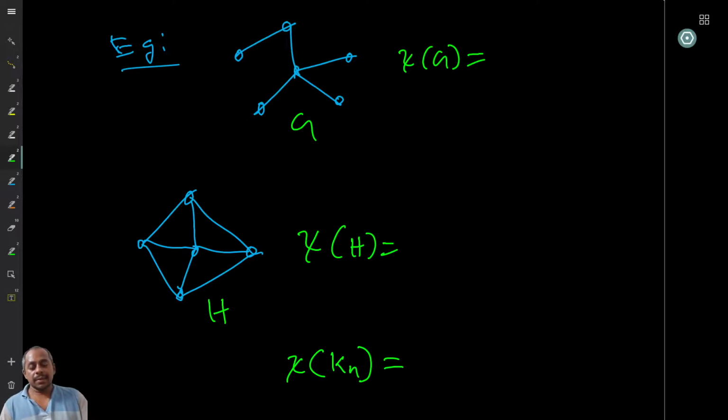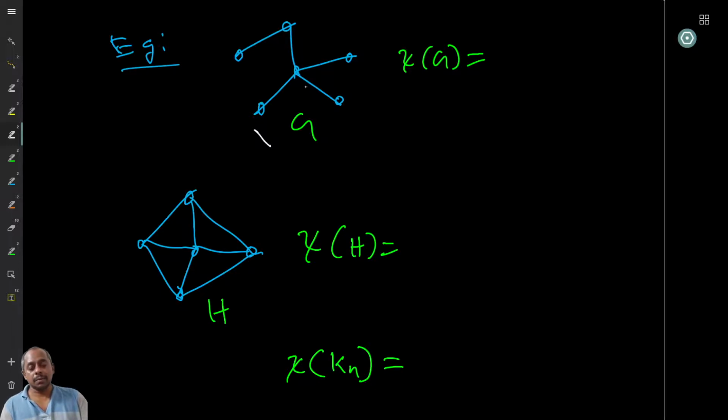In this case, one can show that 2 is sufficient, right? So what I am going to do is, let me start with a vertex here. Let's say color 1. Now let me take another vertex, the vertex which is neighboring this vertex.